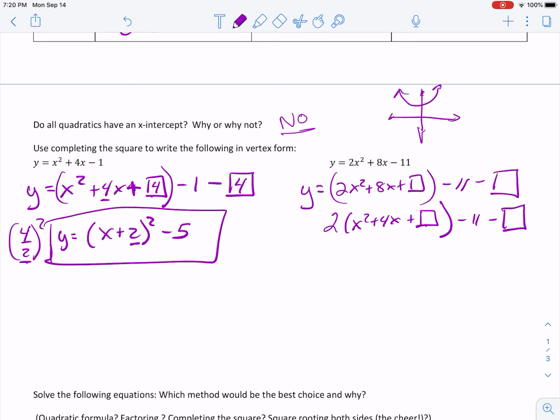Okay, this box, again, you take that term, 4 divided by 2, and square it. So 4 divided by 2 is 2, squared is 4. Now, I didn't add 4, though. I added 2 times 4. So I'm going to subtract 8 on this side. So now I have y equals 2 times x plus 2 squared minus 19.